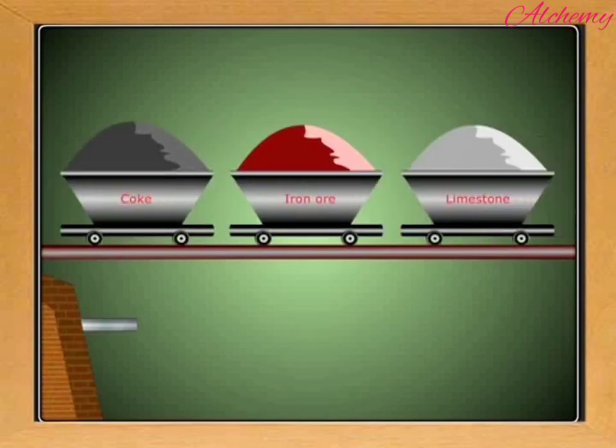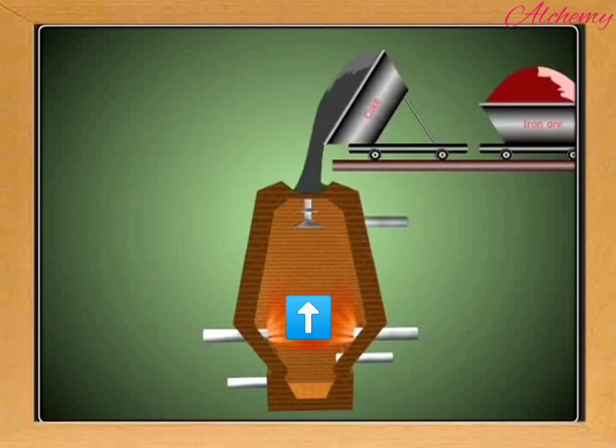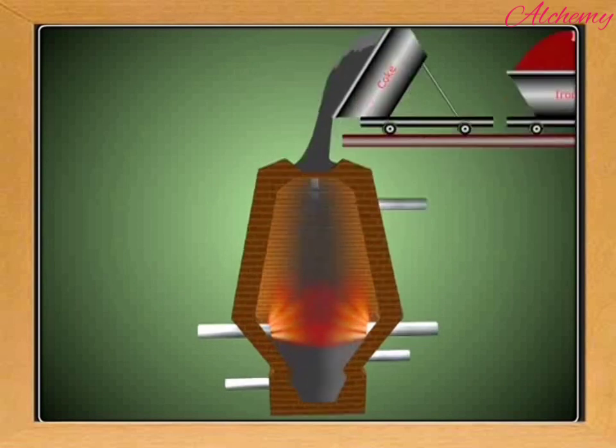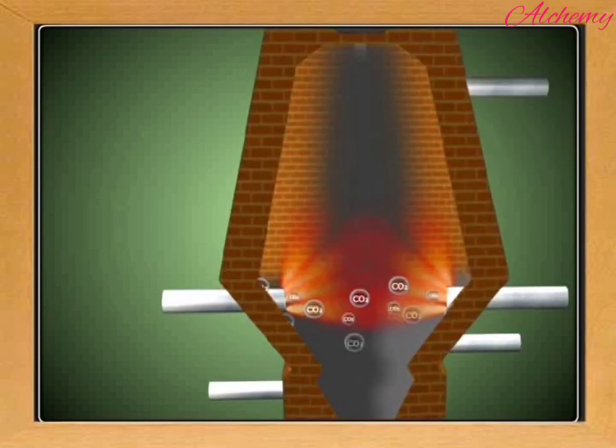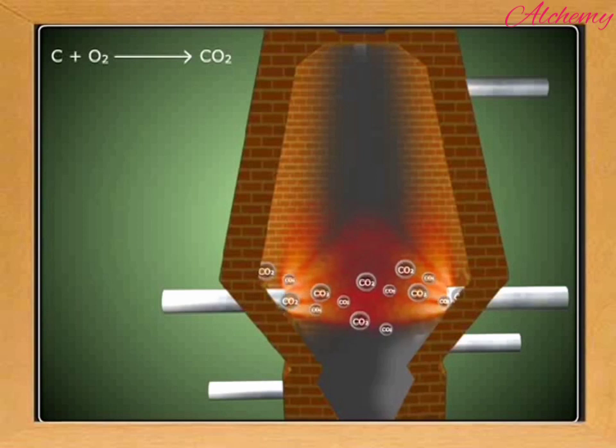Coke, iron ore and limestone are introduced from the top of the furnace. A stream of hot air is blown to the top of the blast furnace. Under the conditions of high temperature, the coke undergoes combustion and forms carbon dioxide.